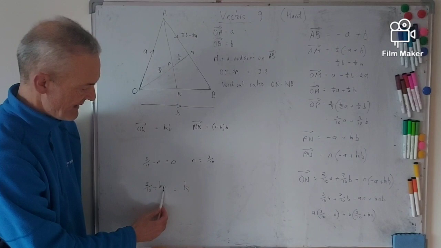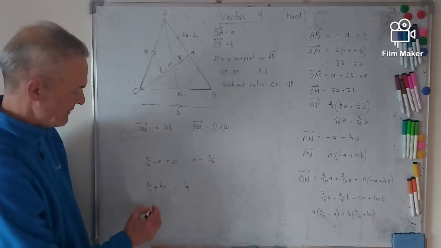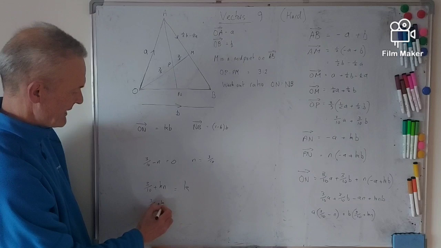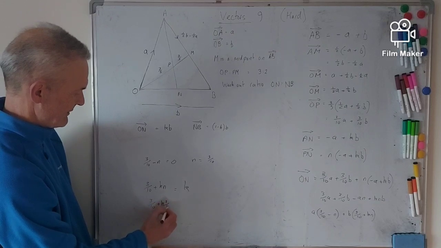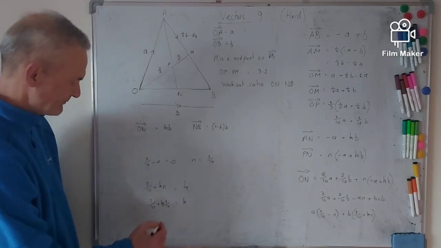So we can substitute n in here, and then we'd be just left with one unknown. So let's do that. So we got 3/10 plus K, like so.